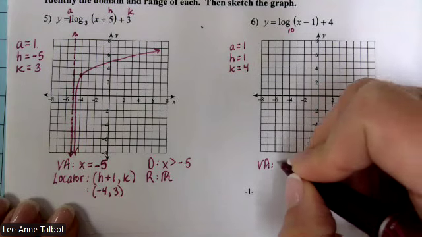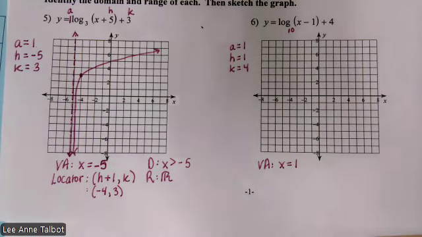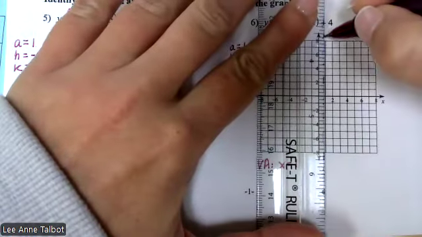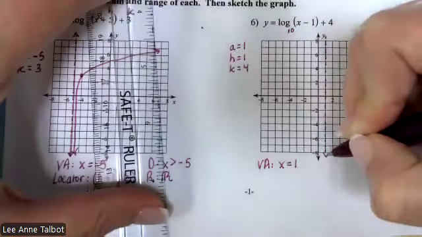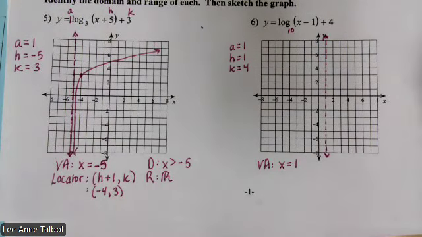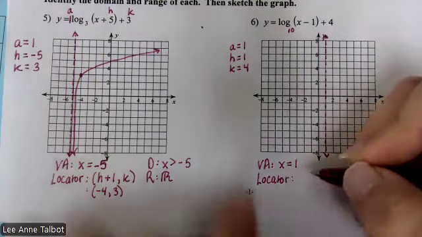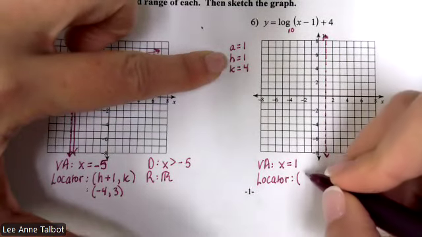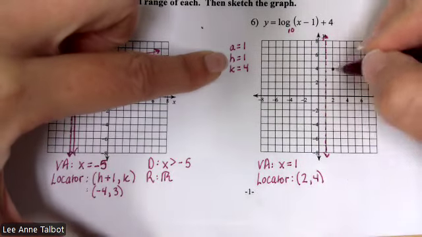Vertical asymptote at X equals H. Locator point is H plus 1 comma K, or you can go to HK and bump yourself 1 over.